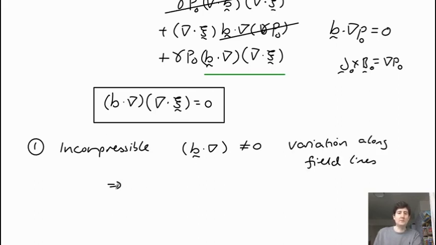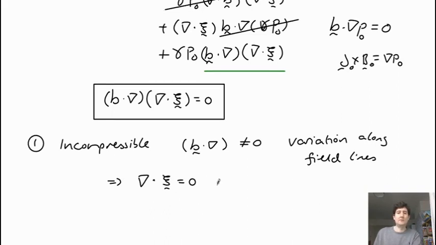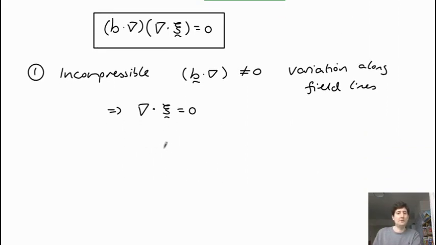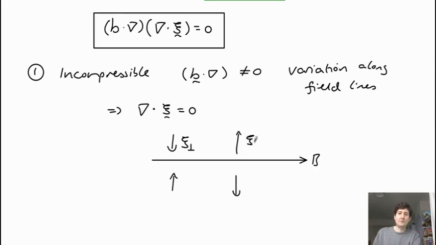So in that case, we must have the gradient of, or divergence of psi is equal to 0, which means that if you have a wave or an oscillation, and the plasma is being compressed, so you have a magnetic field this way, for example, this is B, and we have a motion which is, say, compressing the plasma this way, so this is psi perp, and then in other locations it's like this, so psi perp is perpendicular to B field.